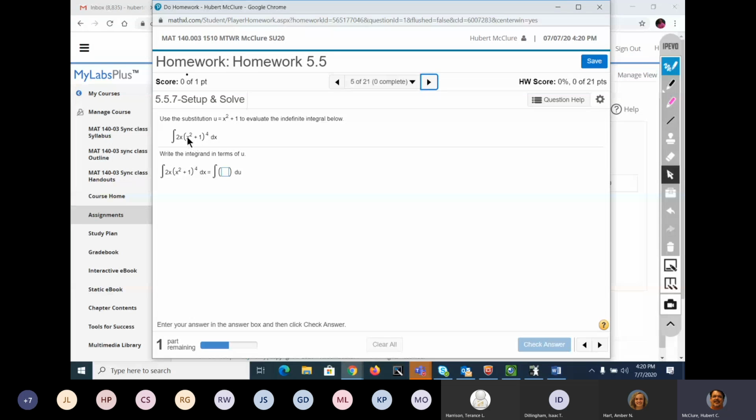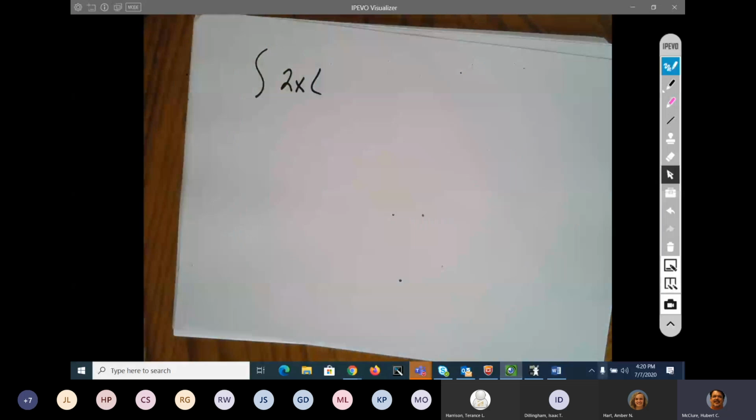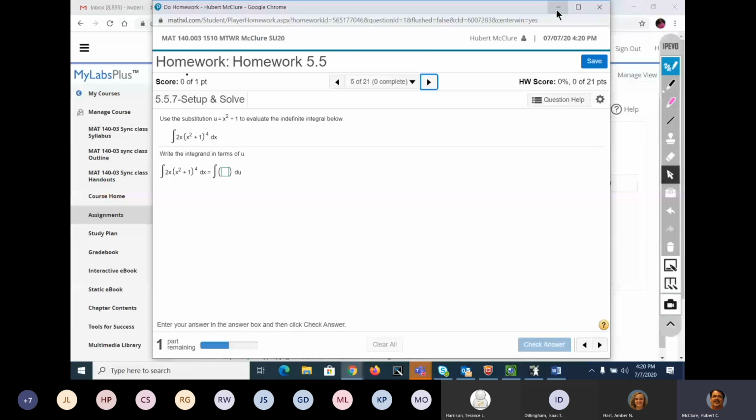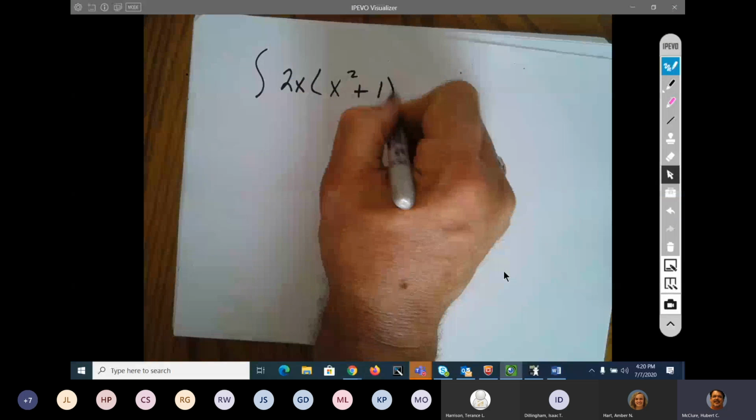What is the derivative of x squared plus 1? 2x. So do you have to add anything to this one? No. So what was it? That was the antiderivative of 2x times (x squared plus 1) to the fourth dx.